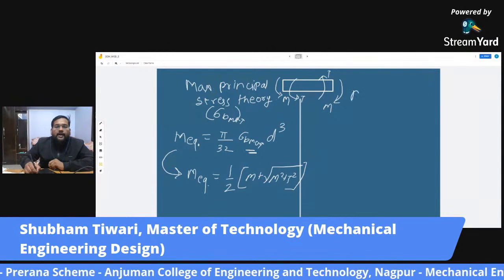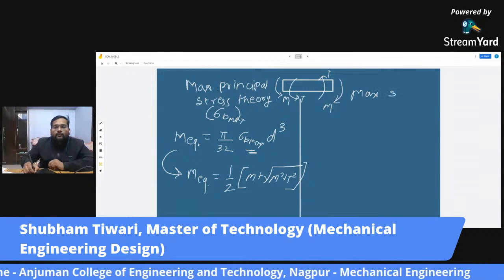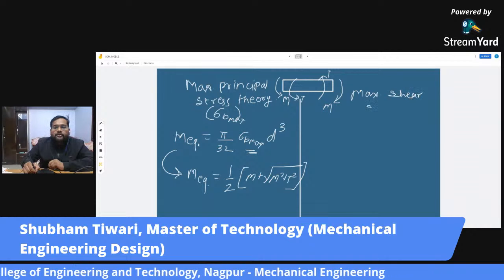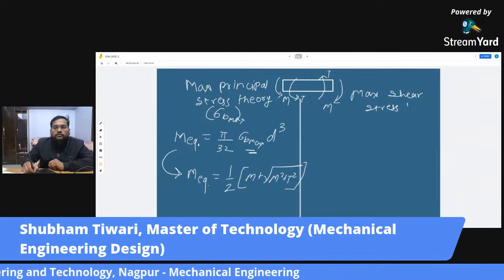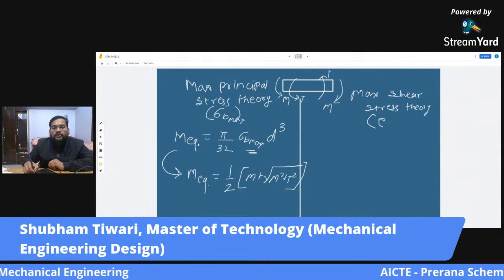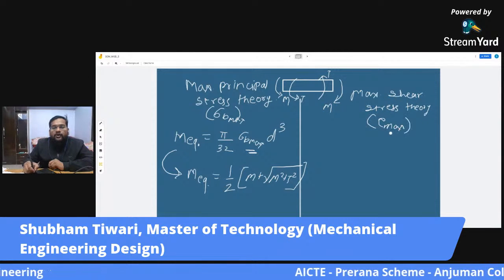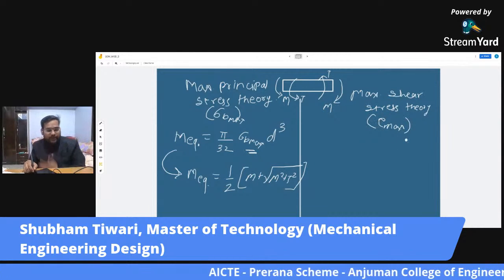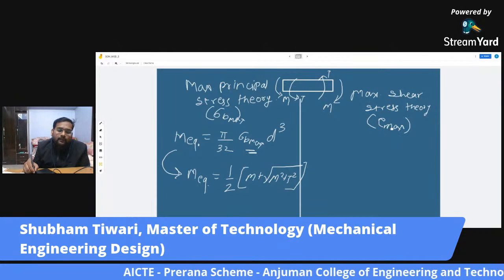Now, similarly, the maximum shear stress theory tells us that the sole responsible factor for the failure of your shaft is the shear stress only.